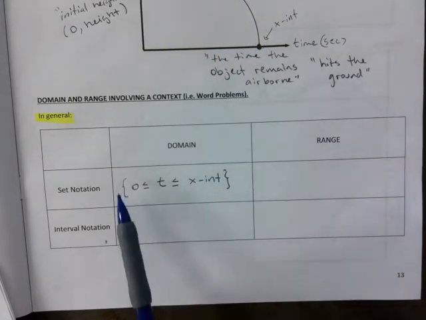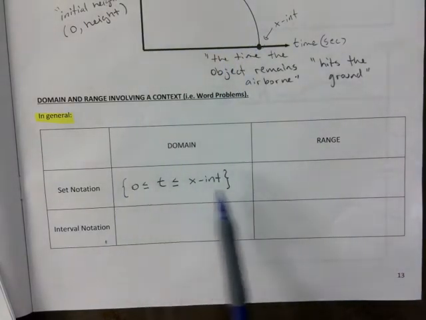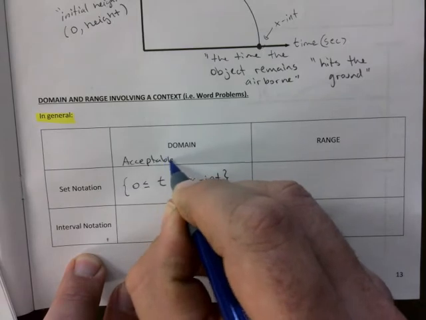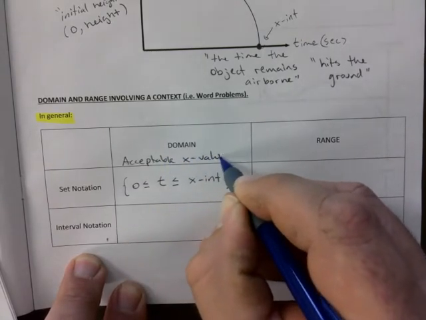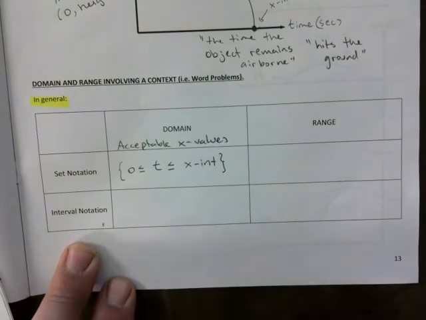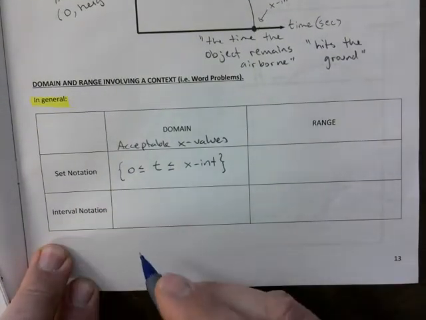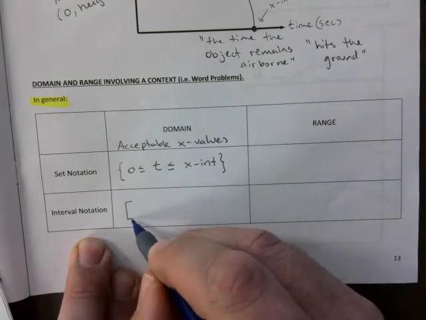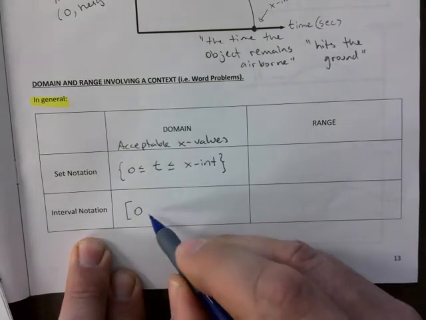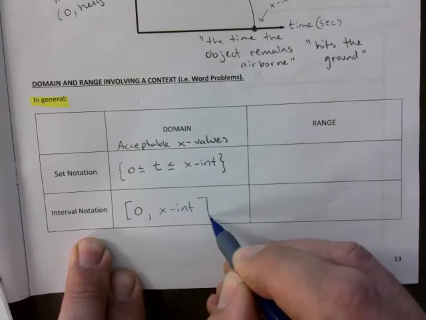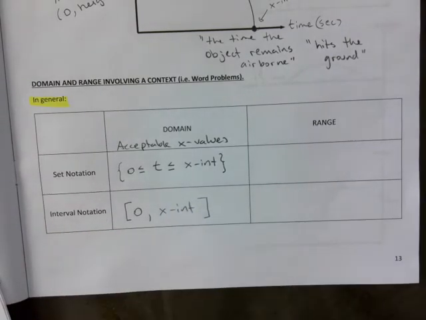So that is your domain, acceptable x values. You want to write that down? Acceptable x values. That's what the domain is. Okay, you should remember this from IAPR. Okay, and then interval notation, you would simply say, hey, this object, time goes from 0 to whatever the x-intercept is. Okay.